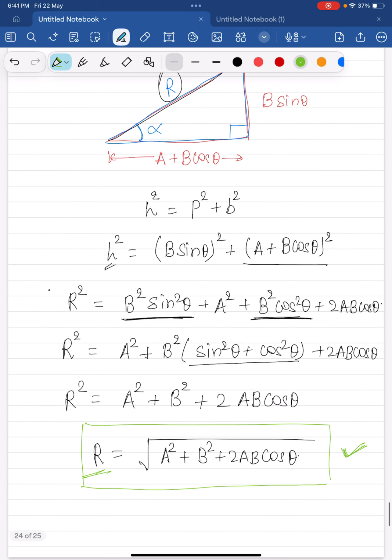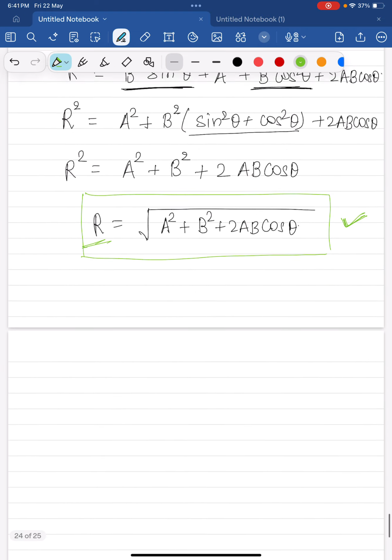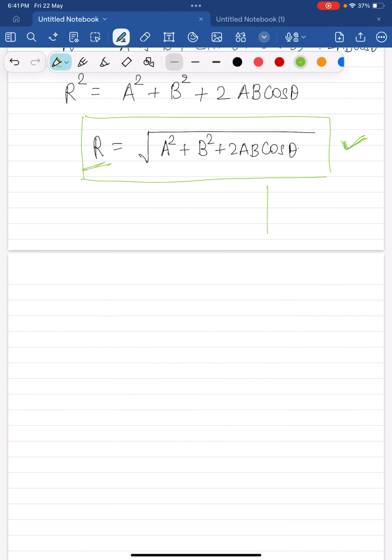Now if we have to find the direction of the resultant vector, we will calculate this angle alpha. Here this is a right angle triangle, this side is b sin theta and this side is a plus b cos theta, and we have to calculate this angle alpha. So in this right angle triangle tan alpha will be equal to b sin theta divided by a plus b cos theta.